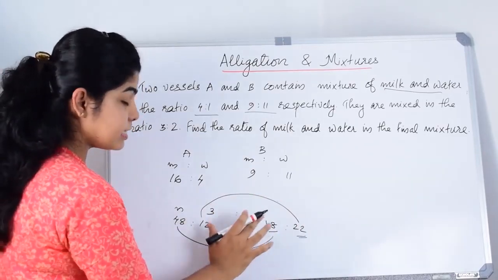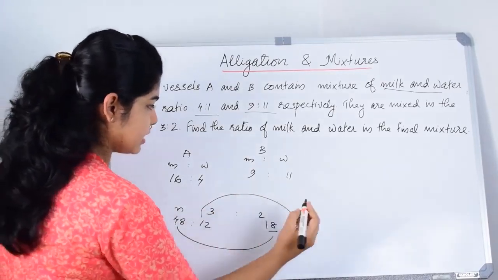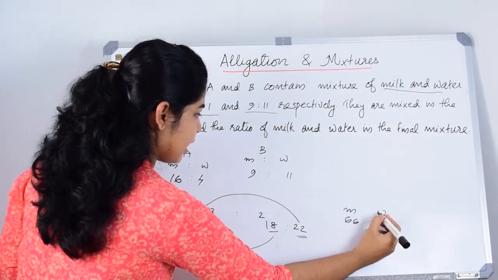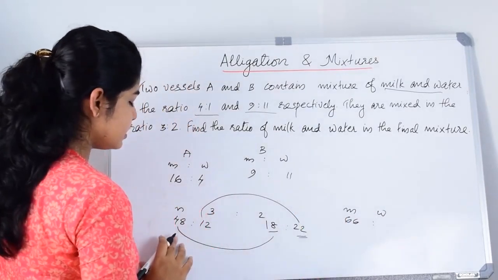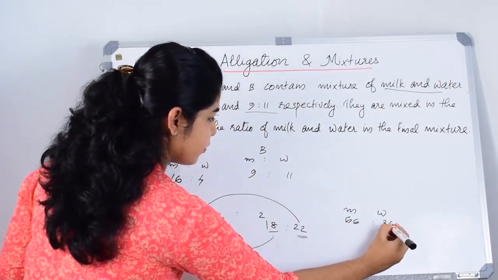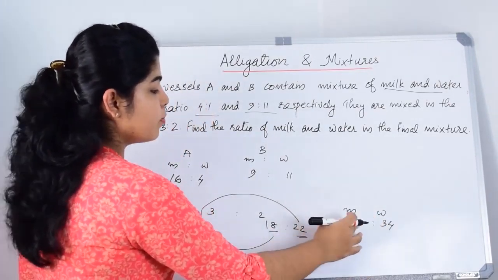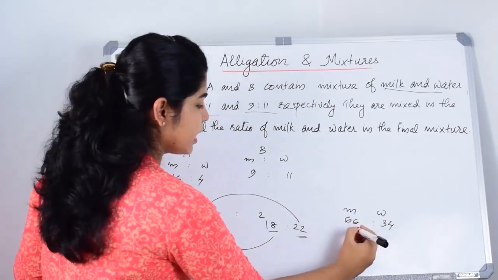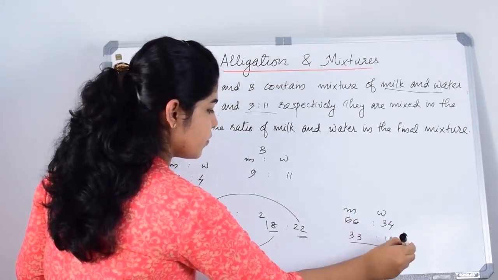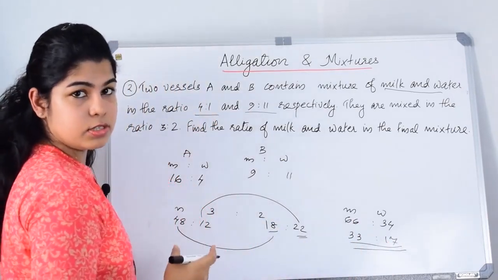So 48 plus 18 is 66. So milk is 66 and water is 12 plus 22, that is 34. Now by cancelling both the terms by 2, we will get 33 is to 17. So our final answer is 33 is to 17.